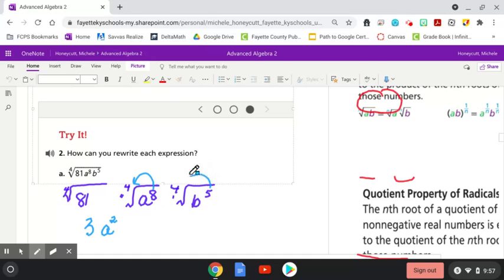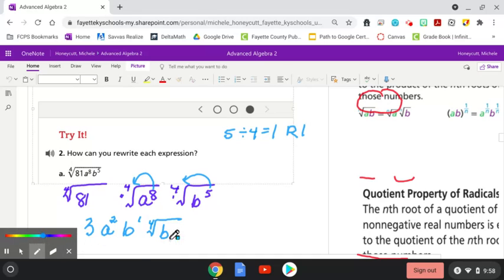And then I'll divide 5 by 4. 5 divided by 4 is equal to 1, and we're going to work with remainders this time. 1 with a remainder of 1. So I'll have b to the first power, and that remaining 1 is the exponent on what's on the inside. B to the first power again, and that's the fourth root. So 3a squared b times the fourth root of b.